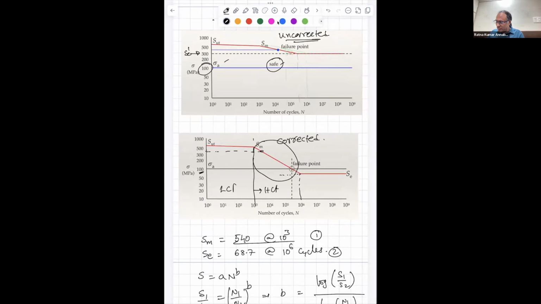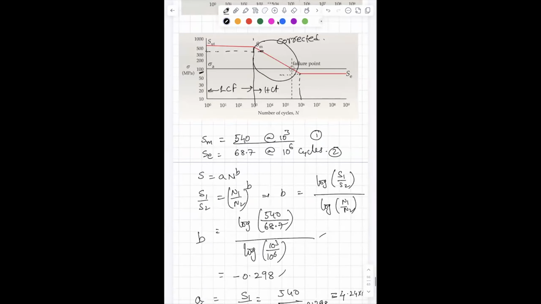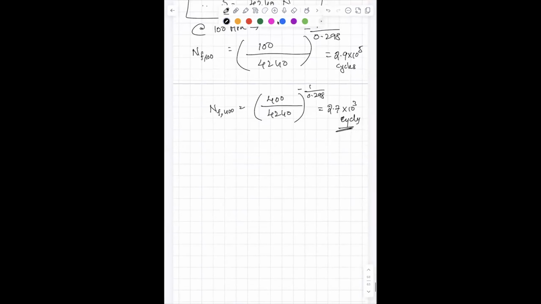Yes, and this is the LCF regime. Can you get a similar approach for LCF also? LCF, we will do in a different way. There are different models for LCF that we will do later. Then you will not use the stress life approach, but something called the strain life approach. Any other questions?